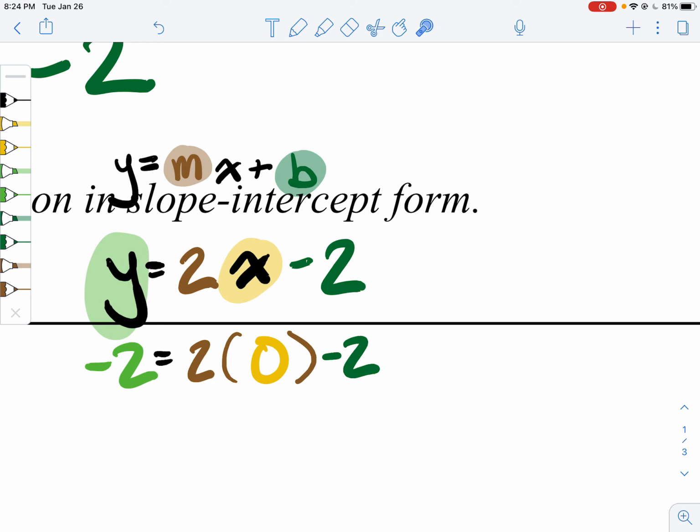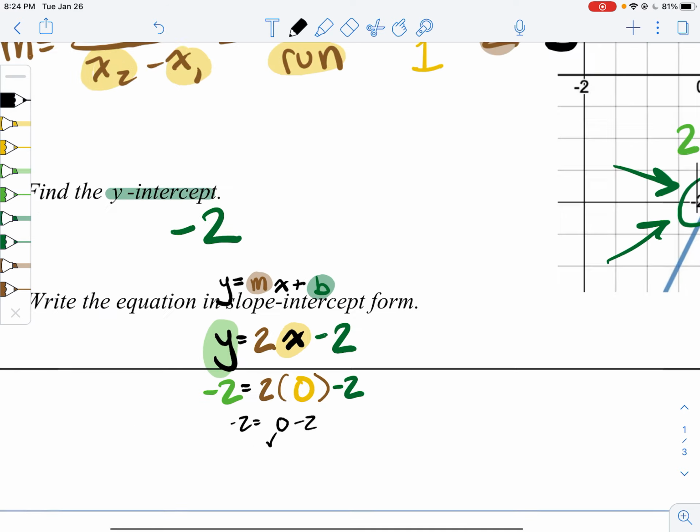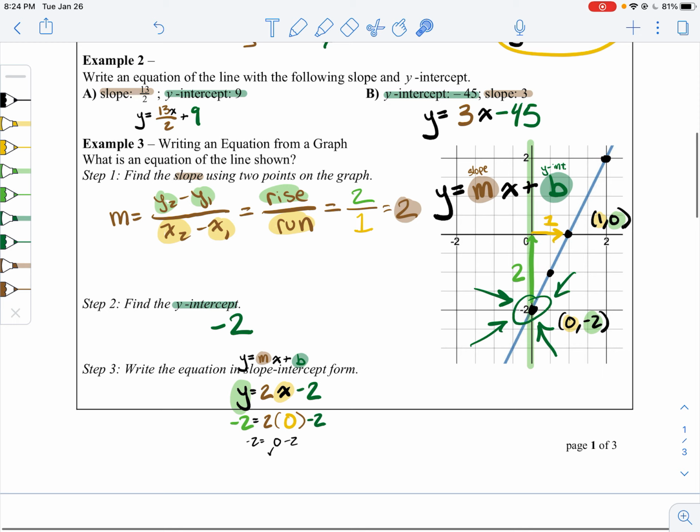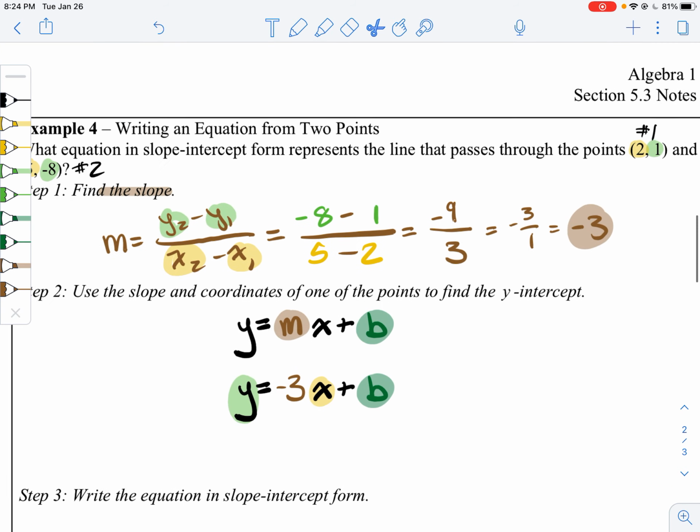Because all we did was plug in here. You're trying to tell me that -2 equals 0 minus 2? Yeah, that's what a line is. A line is just a set of all points that makes this equation true. So, because we know that, we can actually plug in x, y points to find our y-intercept.